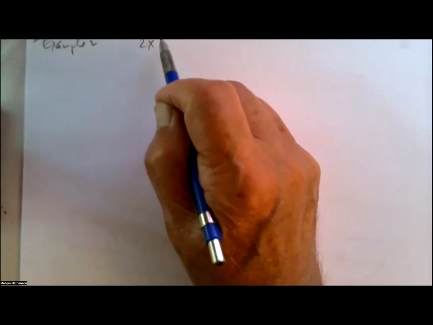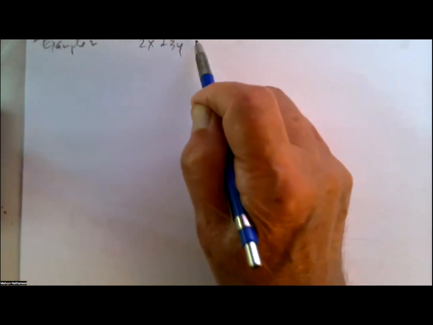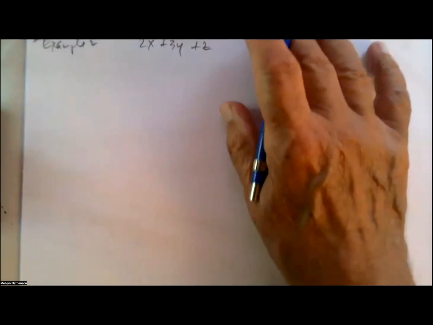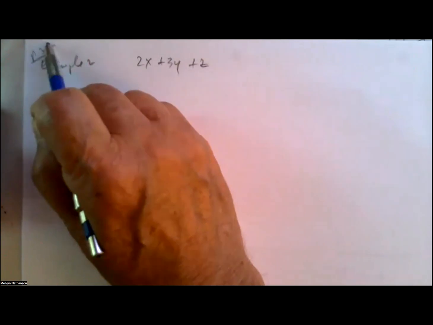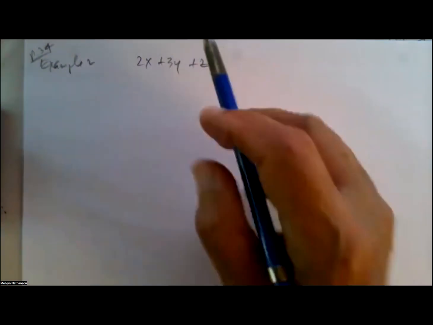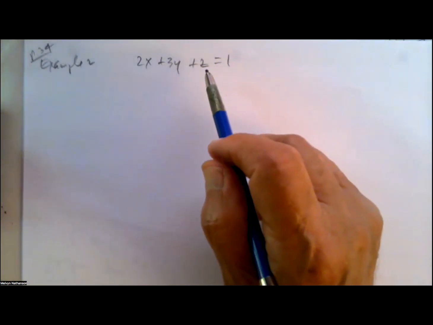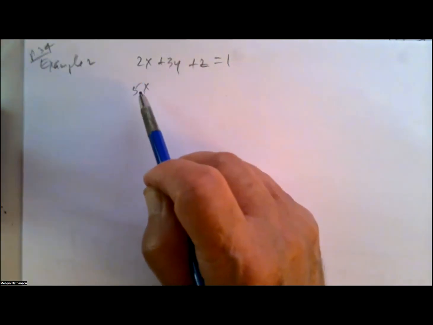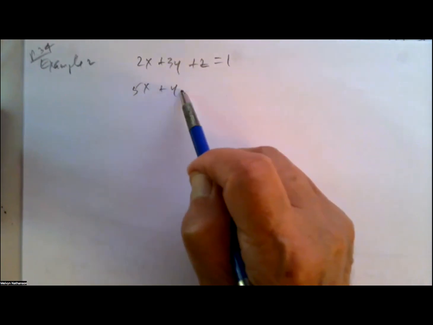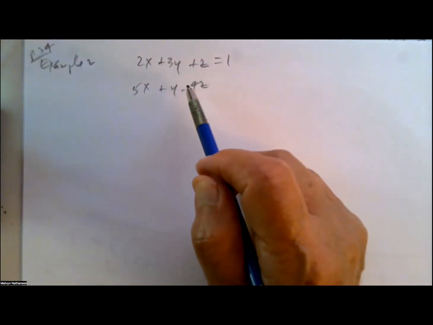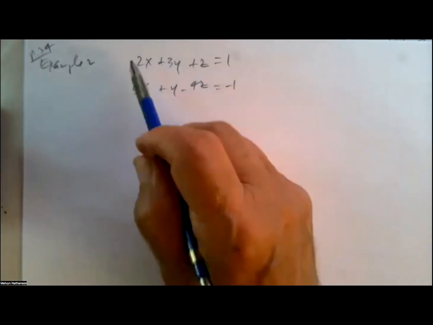So we have 2 equations and 3 variables. Professor, example 1, you said it was on page 39? No, 34. Sorry, example 1 was also on page 34. Okay. 2x plus 3y plus z equals 1. 5x plus y minus 4z equals minus 1.